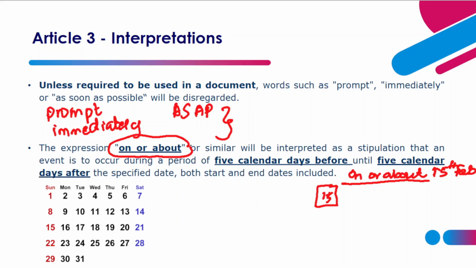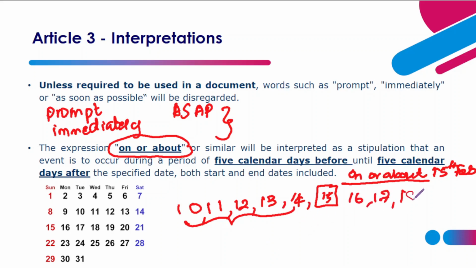If this expression is used, the period they mean by on or about 15 is 5 days before, which means 14th, 13th, 12th, 11th, 10th. So see, 1, 2, 3, 4, 5. 5 days before the specified date as well as 5 days after: 16, 17, 18, 19 and 20.